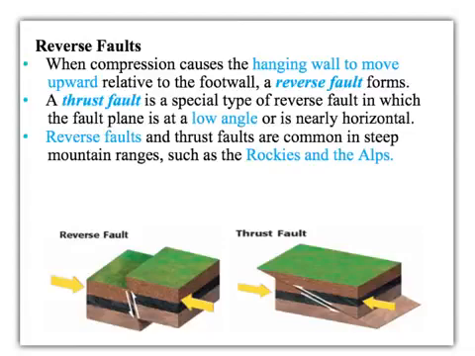Opposite of the normal fault is the reverse fault, where the reverse happens. So if in a normal fault the hanging wall moved down compared to the footwall, in a reverse fault the hanging wall moves upward.